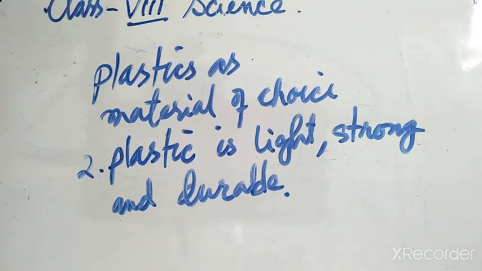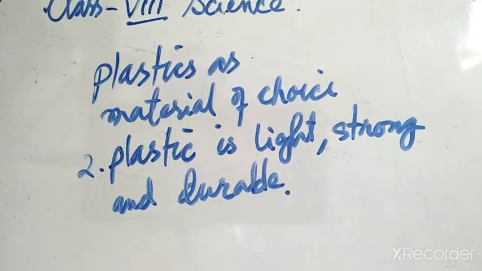What are the advantages of using a plastic container? Since plastic is very light, strong, durable, and can be molded into different shapes and sizes, it is used for various purposes. Plastics are generally cheaper than metals, so they are widely used in industry and for household articles. We can see many different kinds of plastic containers in our daily life.